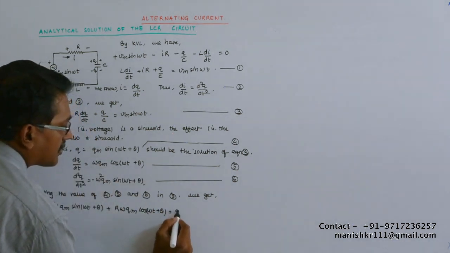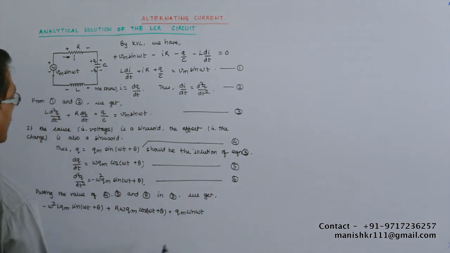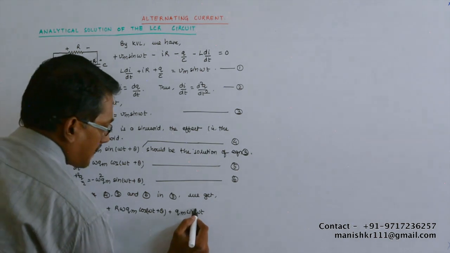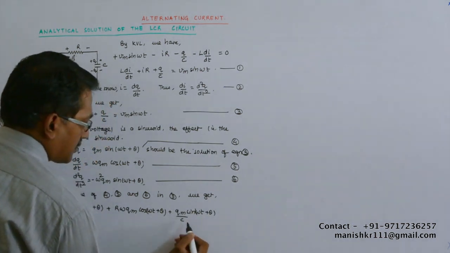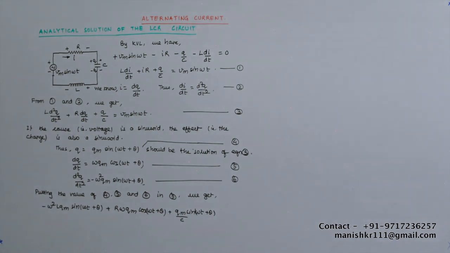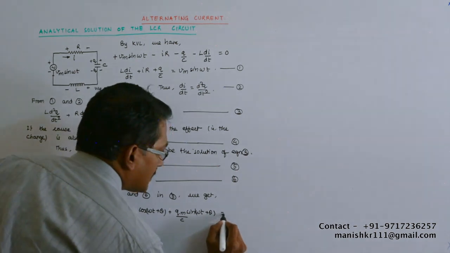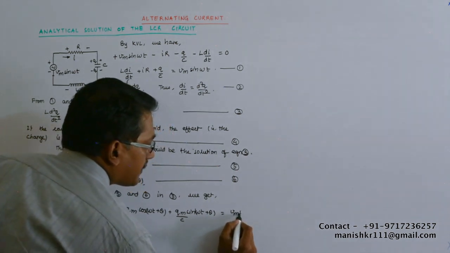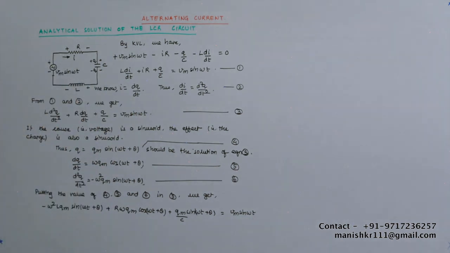So plus qm sine omega t plus theta upon c. That is equal to Vm sine omega t. Fine. We understand that? Okay.